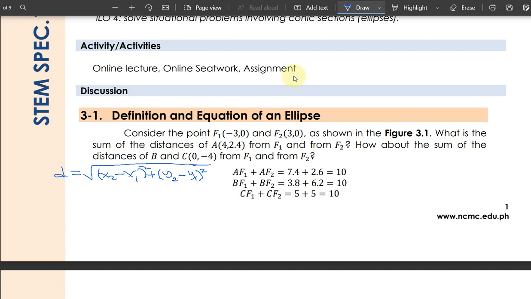Okay. X sub 2 minus x sub 1 squared plus y sub 2 minus y sub 1 squared. So that is the distance formula.